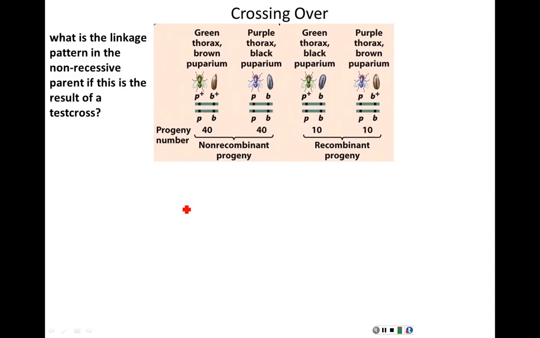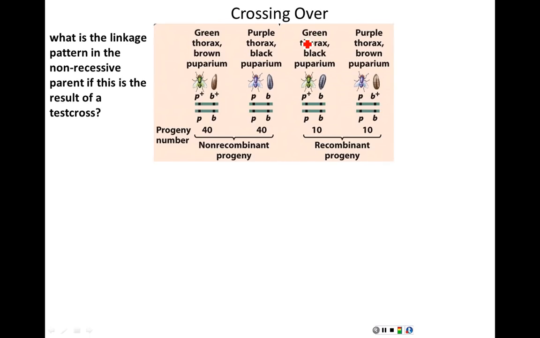What's the linkage pattern in the non-recessive heterozygotic parent, if these are the results of your test cross? Now, keep in mind, the answer is not necessarily intuitively obvious because we have all possible combinations. We have dominant green thorax with dominant purple pupa. We have recessive purple thorax with recessive black pupa.